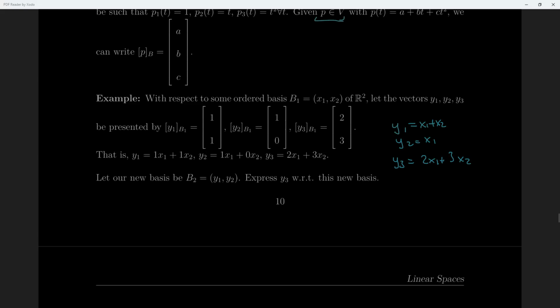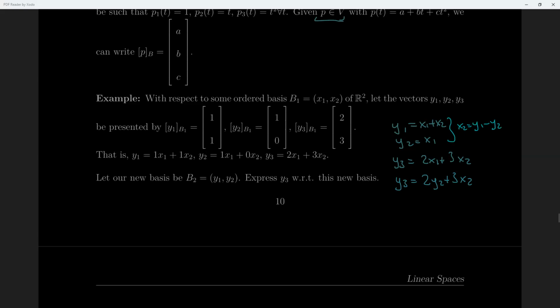The good news is that I can replace x1 directly with y2 over here, so y3 is equal to 2y2 plus 3x2, right? If I can get rid of this x2 and write something in terms of y1 and y2, I can express y3 in terms of y1 and y2. If you subtract those two equations, I can say that x2 is equal to y1 minus y2.